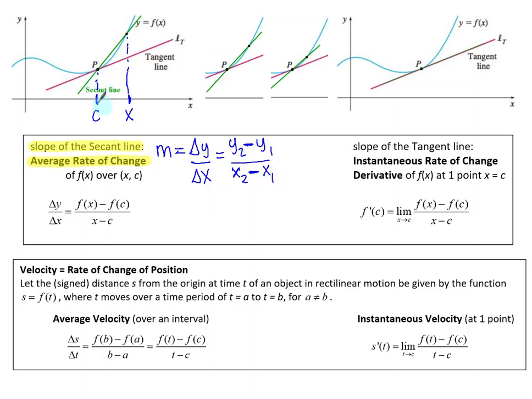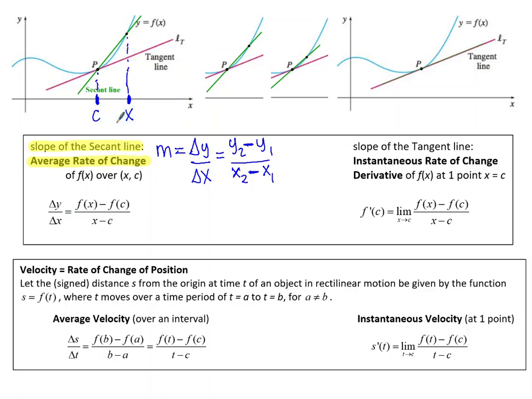Now, when we label our x values c and x, and our function is called f of x, that rate of change is the y value at x, f of x, minus the y value at c, f of c, over the change in x, x minus c, the difference between those x values.